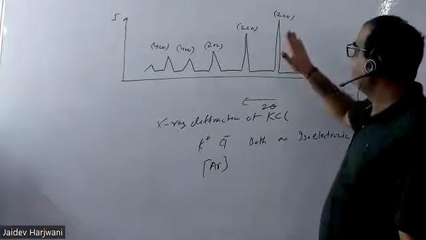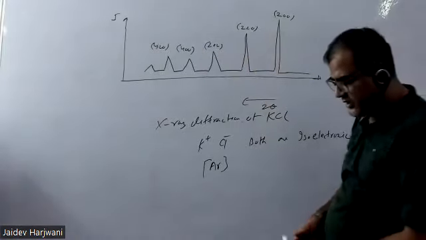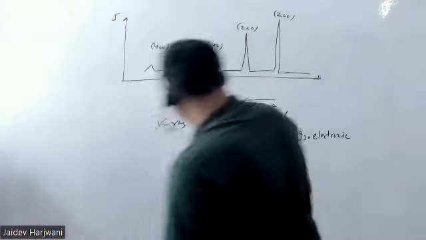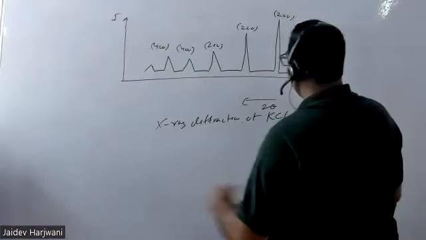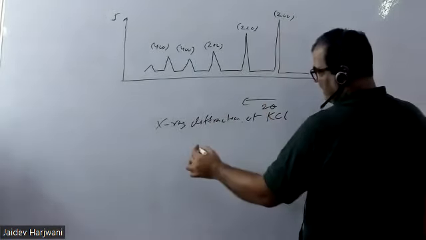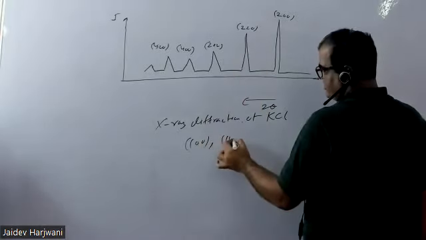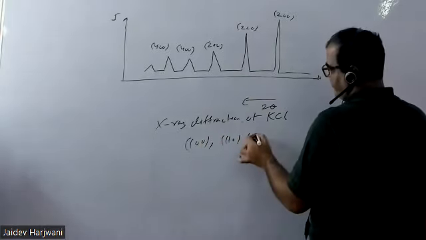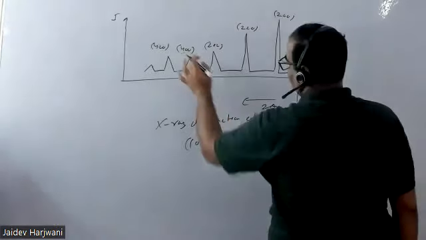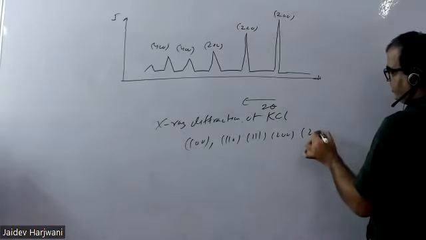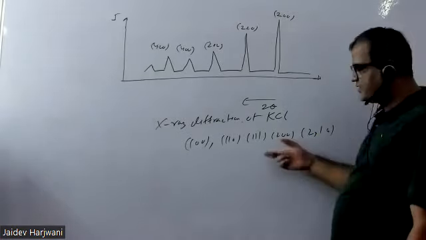Now you get only 200, 220, 222, 400, 420. Now if you see this, 200 is the same as 100, 220 is like 110, this is like 111, this is like 200, and this is like 210. So basically these peaks are of simple cubic.